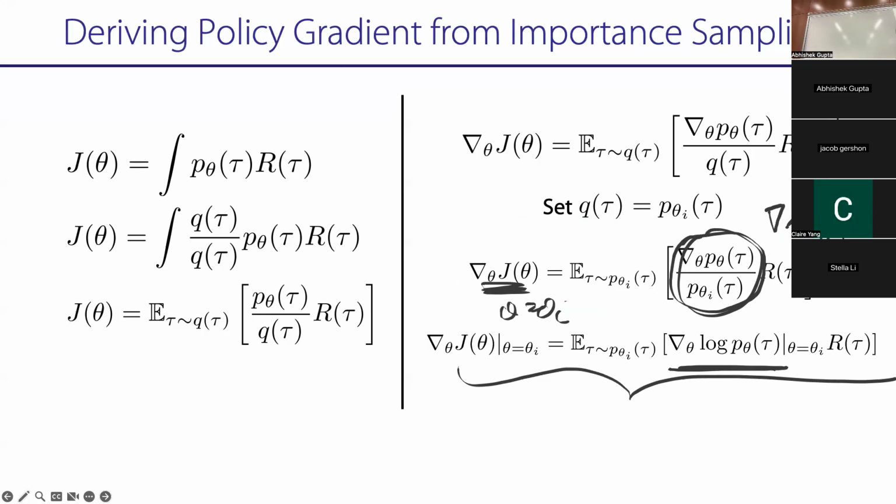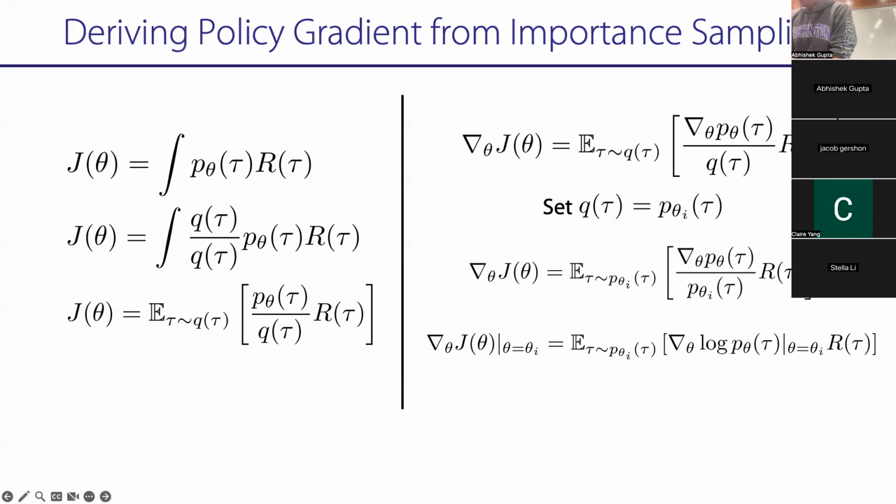So what does all of this mean? Let me repeat what we did. We did importance sampling, which says multiply and divide by q: the expectation under q of p over q times r. Then we took the gradient. The expectation doesn't depend on theta, so push the gradient inside. If we set q to p theta I, which we can do since we can choose q to be whatever we want, and then evaluate the gradient at the current theta I, you get back exactly the same thing as policy gradient.